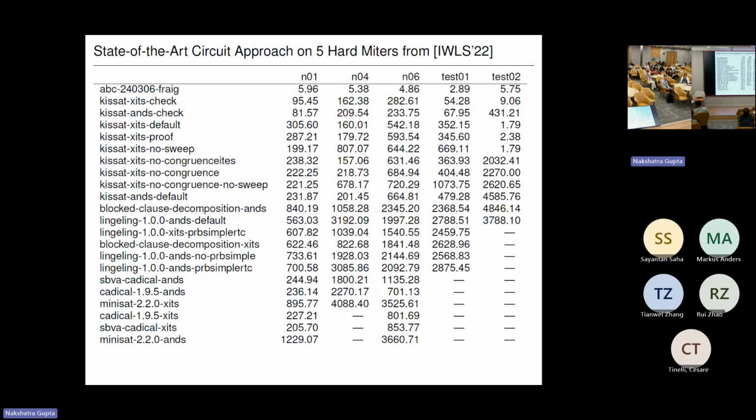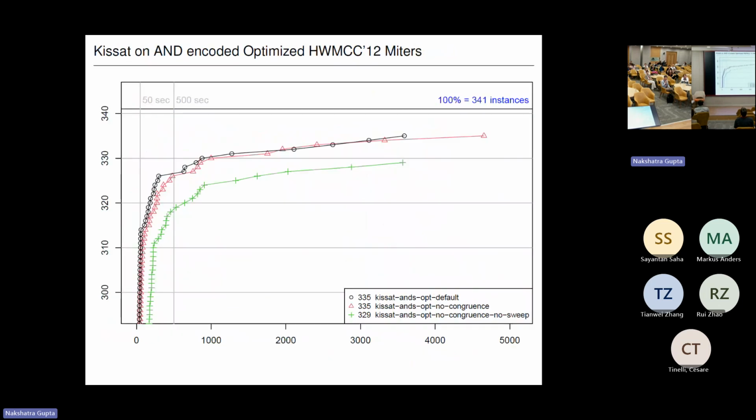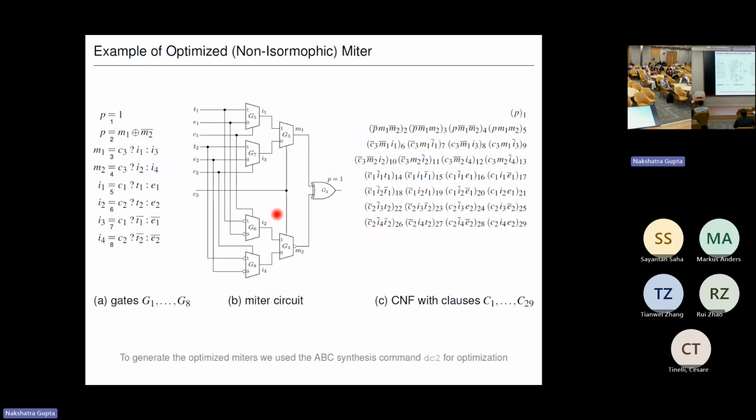All right, so the surprising thing here is this number here. There was one instance, even for this hard miter, this test 02, where KISAT took just 1.7 seconds, and this is a big one, and ABC was struggling a lot. And then we figured out it's just sort of a generalization here. This was our analysis of this thing here.